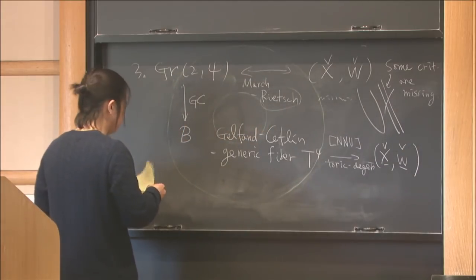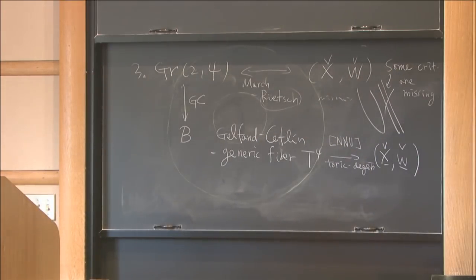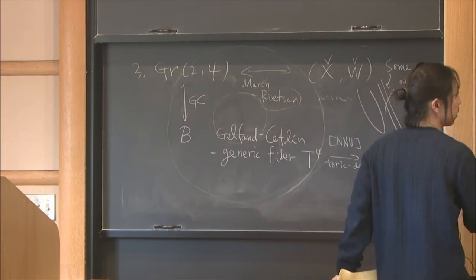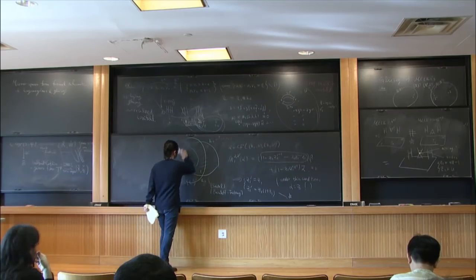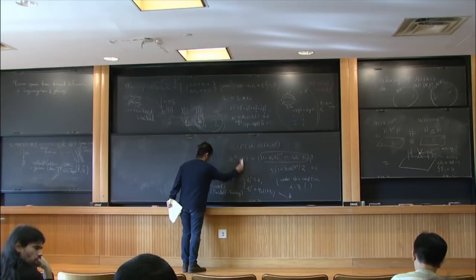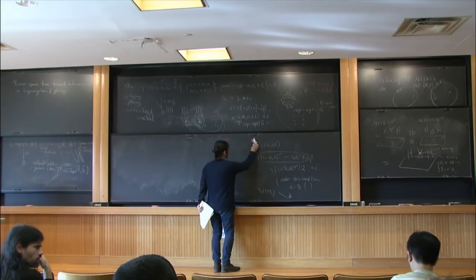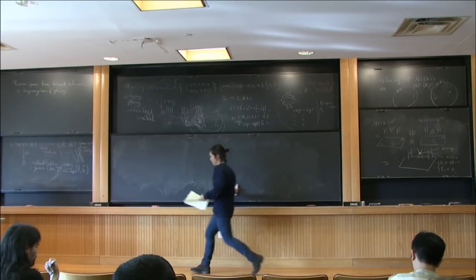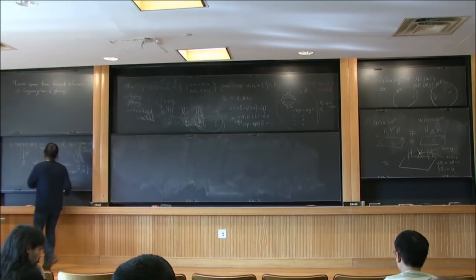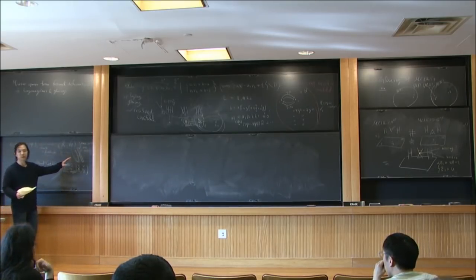All right. So how do I do that? Maybe we can keep this. So the generic fiber is T4, and there's something missing.